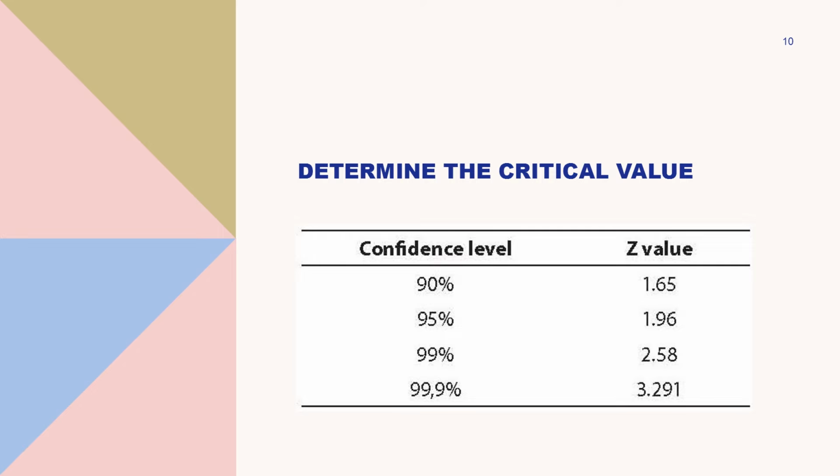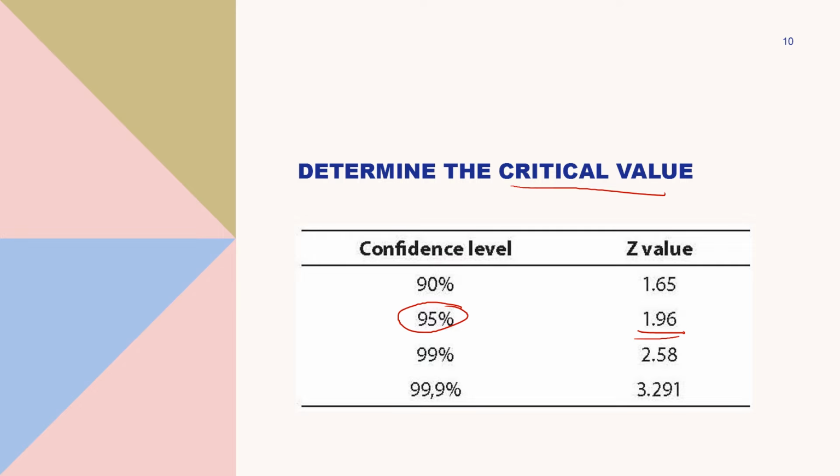So you have 90%, 95%, 99%, and 99.9%. Again, your z-test is one of the simplest statistical tests of difference, and so its critical value is based simply on the area under the Gaussian curve. So if you have 95%, which in our example is our confidence level, we're going to use a z-value, or a critical z, of 1.96.